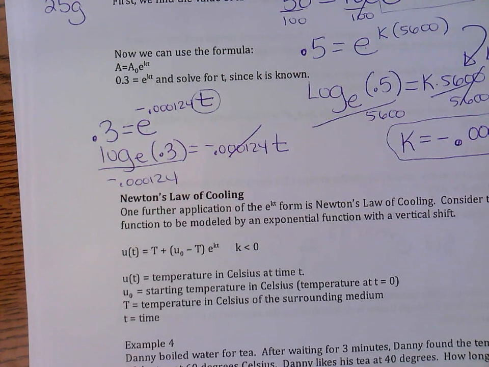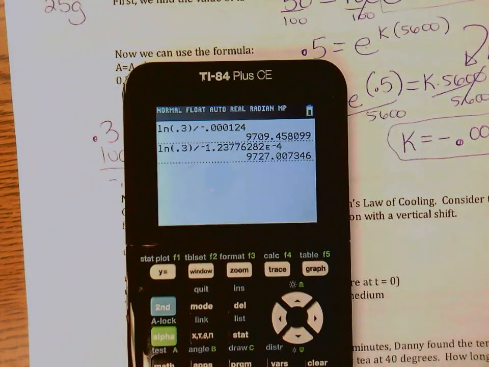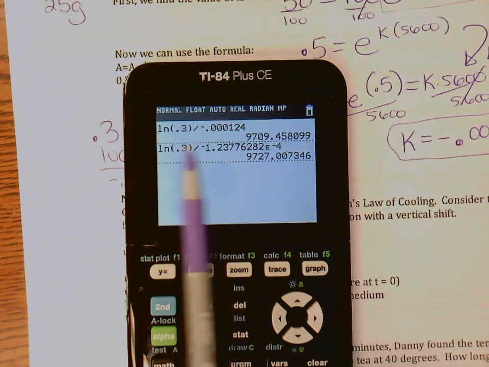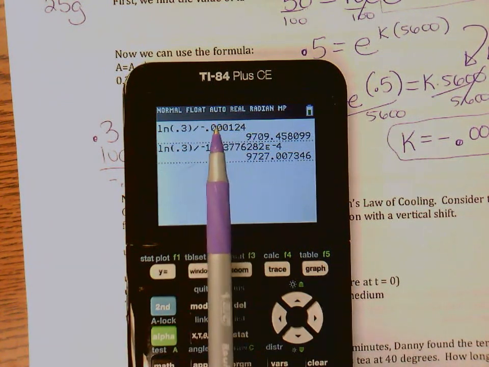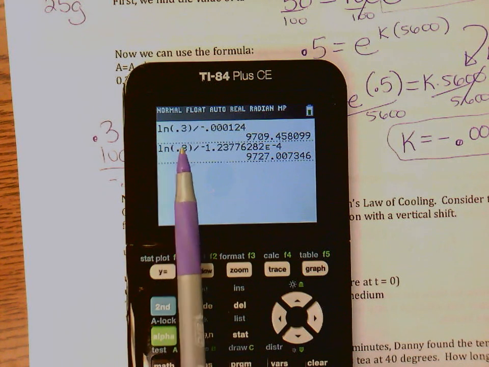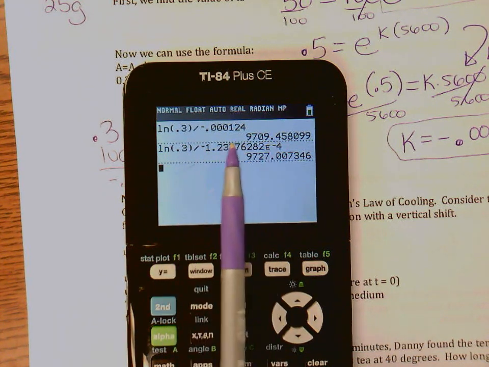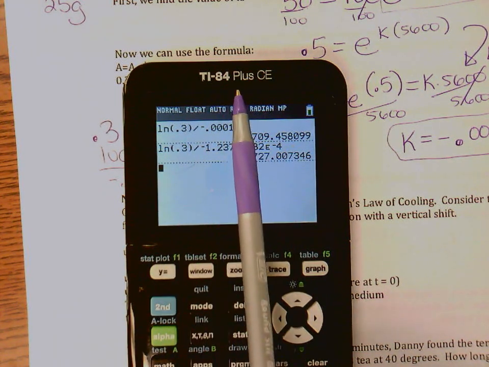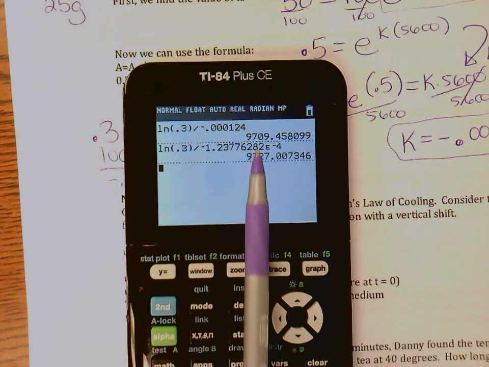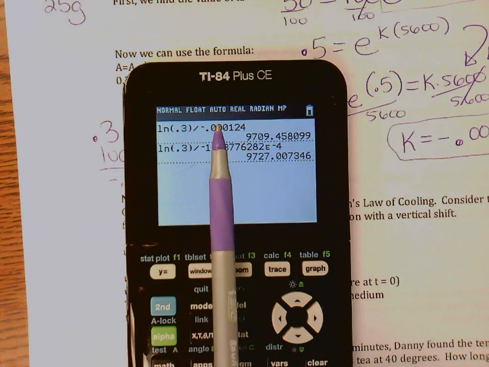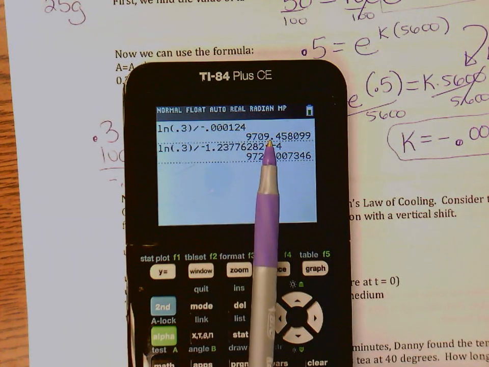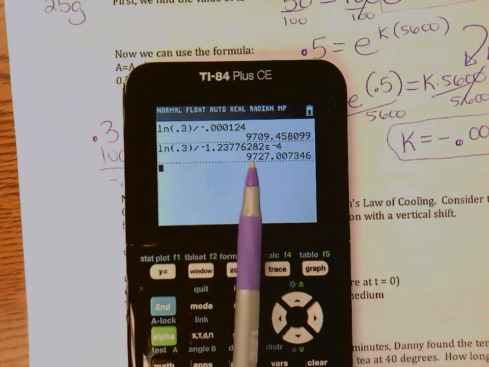And I just want to show you, this was the natural log of 0.3 divided by my rounded K value. This is the natural log of 0.3 divided by the unrounded K value that I grabbed from up top. They came out to roughly the same number of years, 9,700, but the rounded value came out to 9,709 and the unrounded K value came out to 9,727.